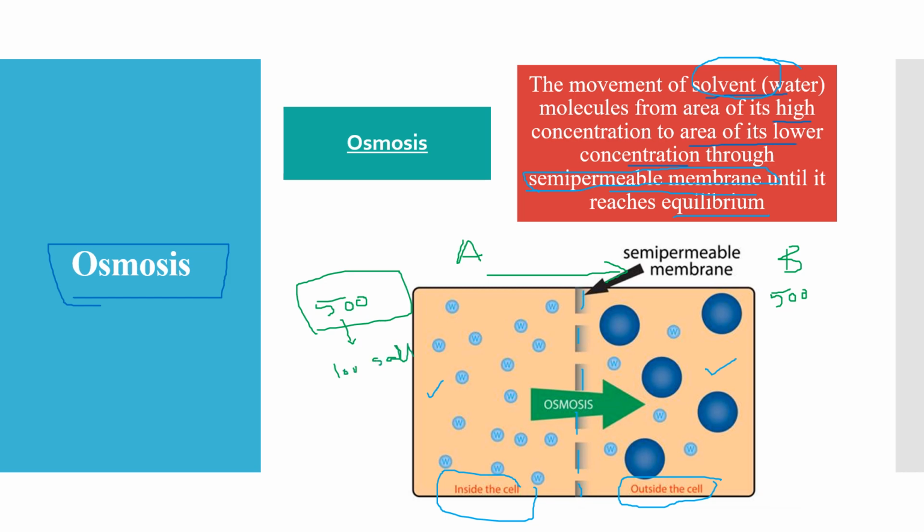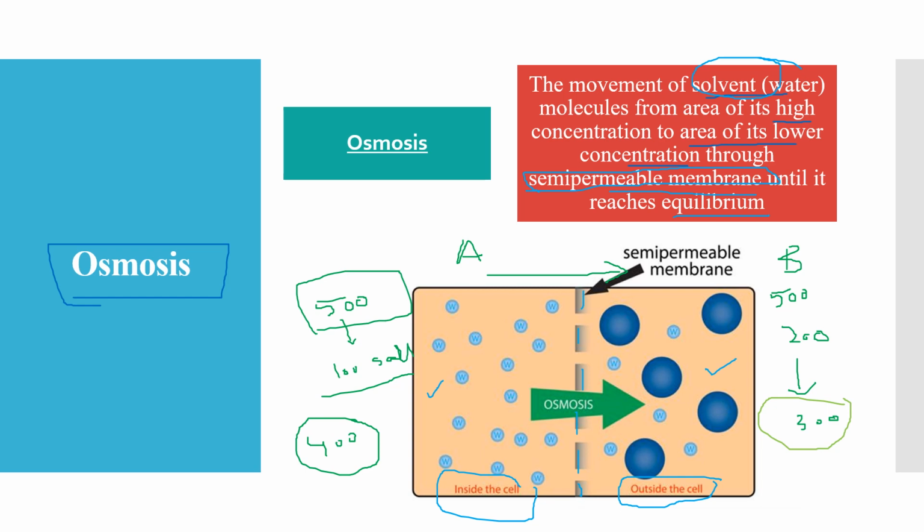So 100 water molecules are occupied by salt molecules, so remaining water molecules are 400. And here 200 salt molecules are present, so 200 salt molecules occupied 200 water molecules, so remaining water molecules are 300. So as you can see, here the water molecules are more and here water molecules are less.